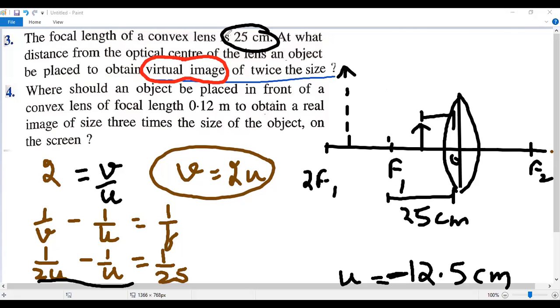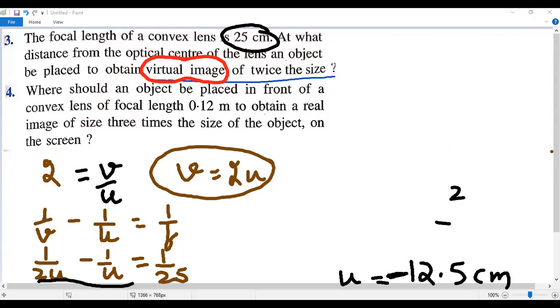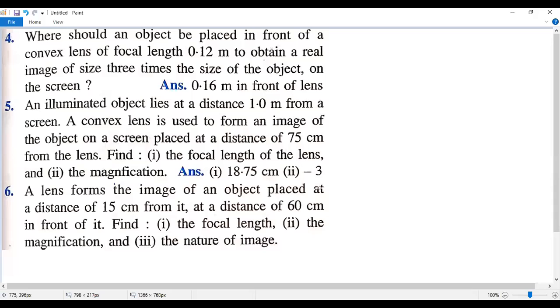So students, now let us move to question number 4. Read the question. What are they asking? See, where should an object be placed? So where should an object be placed means find u in front of a convex lens of focal length 0.12 meter.